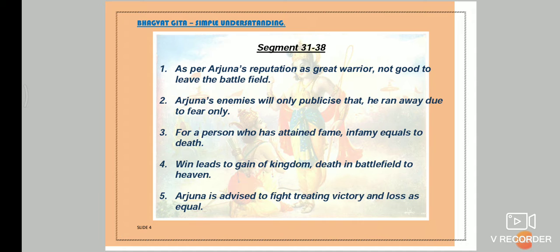Now in the third segment, Krishna tries to convince Arjuna by reminding him of his duties as a Kshatriya. He says that given Arjuna's reputation as a great warrior, it is not good to leave the battlefield, because Arjuna had attained huge name and fame as a warrior.